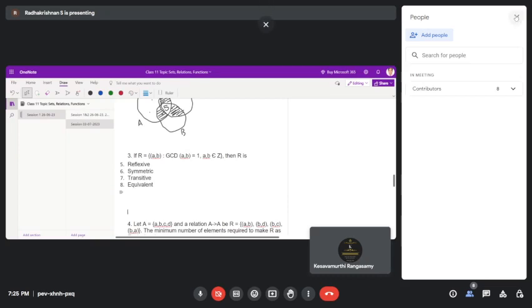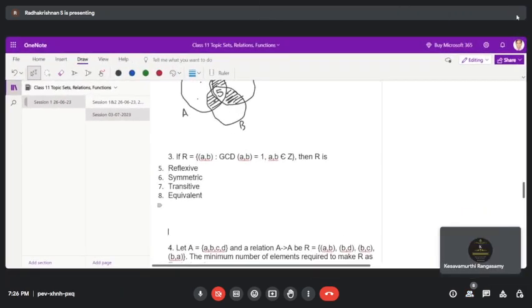There is a relation (A, B) which is true if GCD of A and B is equal to 1. So we take now all integers and pair A and B so that GCD of A and B is equal to 1. So that is going to be a relation.